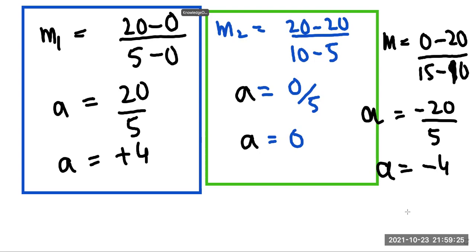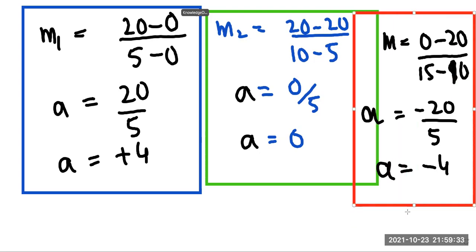So during this portion, acceleration is negative.